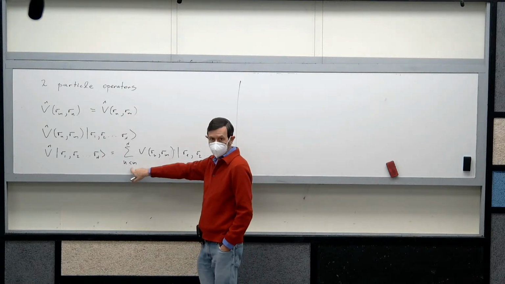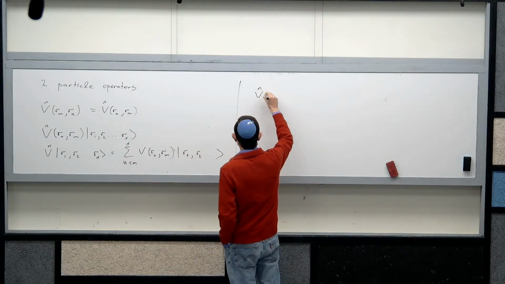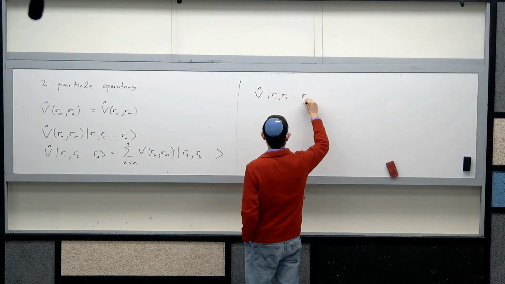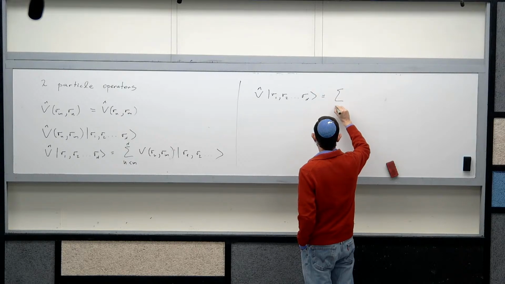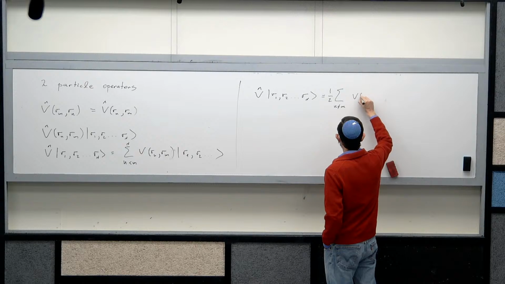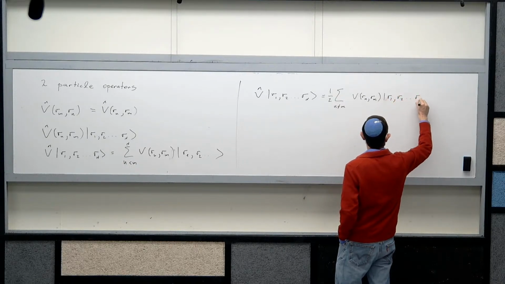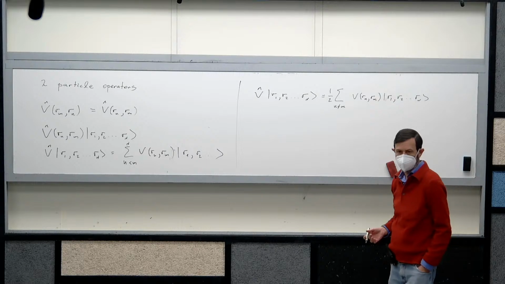If I'm lazy and I don't want to think about it, I double count and divide by half.